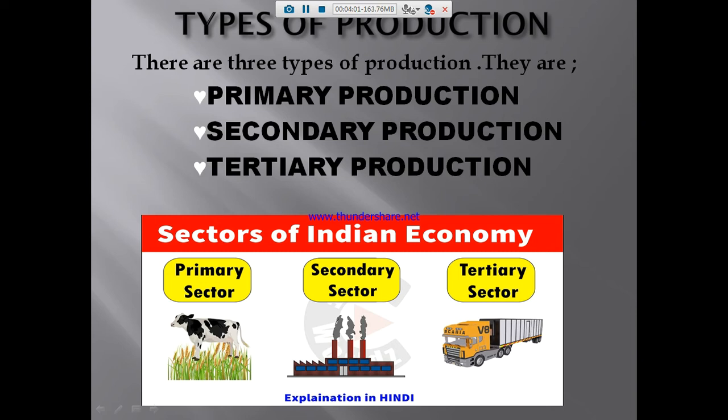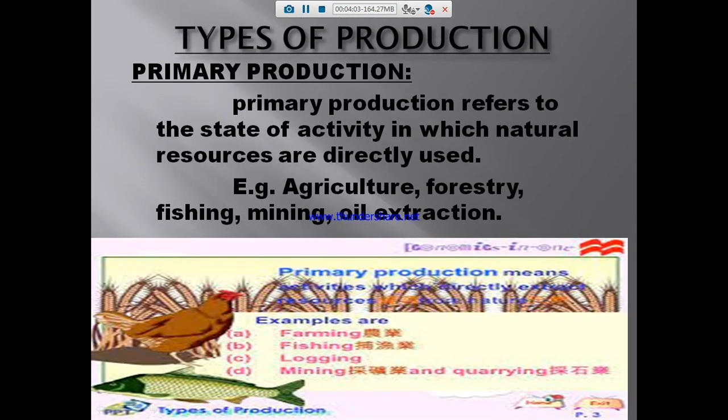Primary production: basically, whatever we get directly from natural resources, that means the raw material directly from the field, is called primary production. From farming, fishing, logging, mining, quarrying, etc. The primary production refers to the stage of activity in which natural resources are directly used.